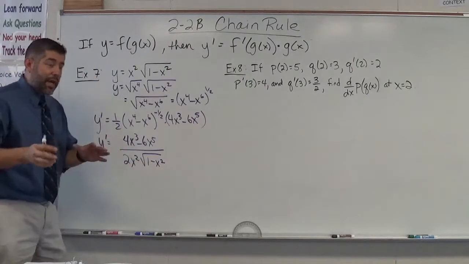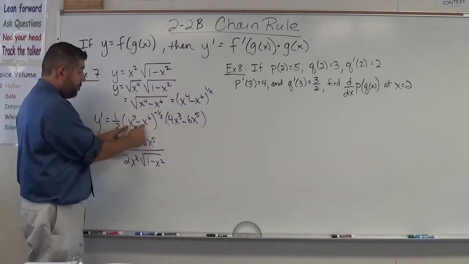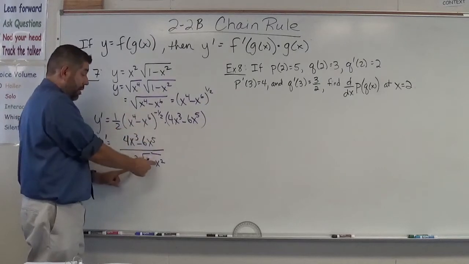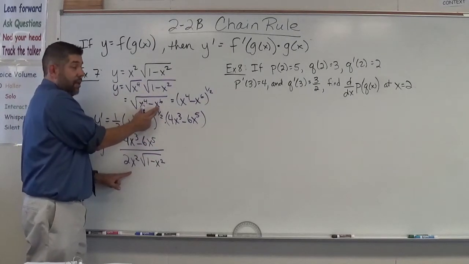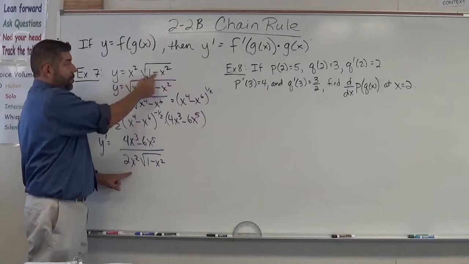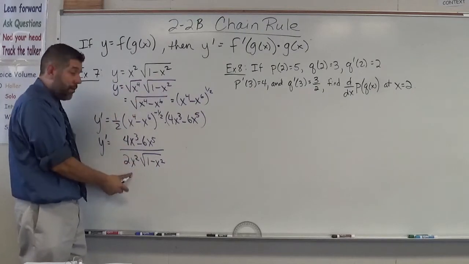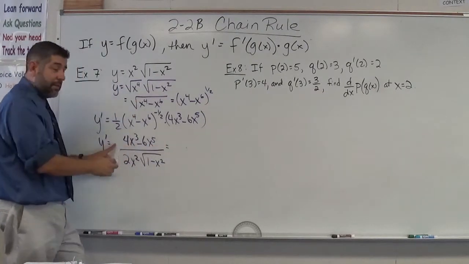Again, I don't want to lose you there. What I did was I have x to the fourth minus x to the sixth to the 1/2 power in the denominator, which is this here. And I'm just putting it back to the original form that I had, but now in the denominator. And notice I can factor the top.